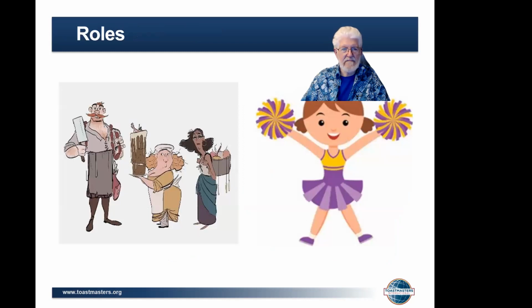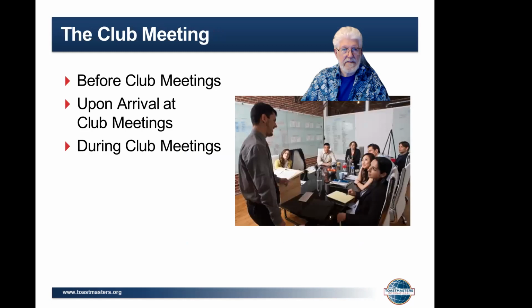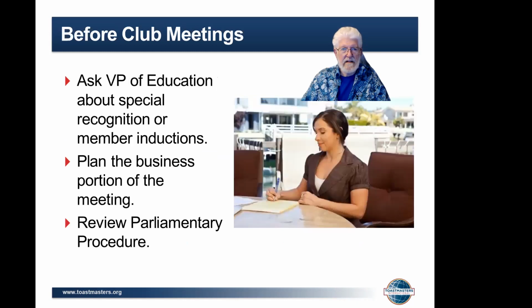So the roles are the butcher, the baker, and the candlestick maker. Or it could be a cheerleader. The president is responsible for the club meetings, outside the club meetings, and the executive committee. In club meetings, that means before club meetings, upon arrival, and during club meetings. Sounds like a lot of responsibility for this president.